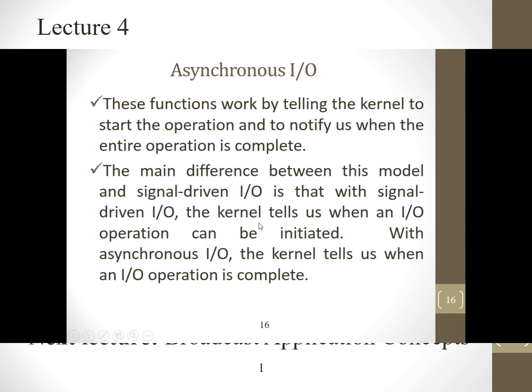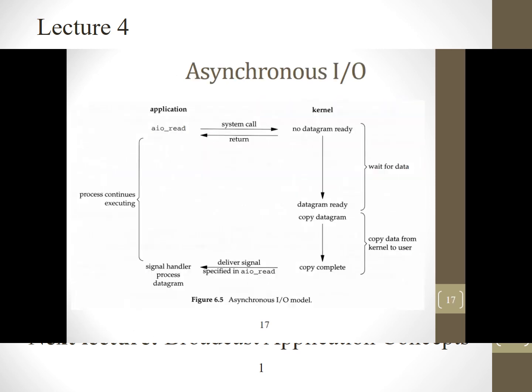But in this situation, the kernel tells us when the whole operation is complete. So this is kind of automatic asynchronous. The asynchronous I/O read system call is used to inform the kernel that we are going to use asynchronous input-output.